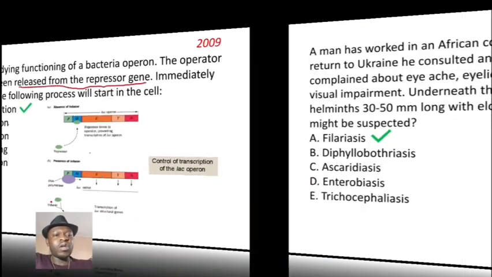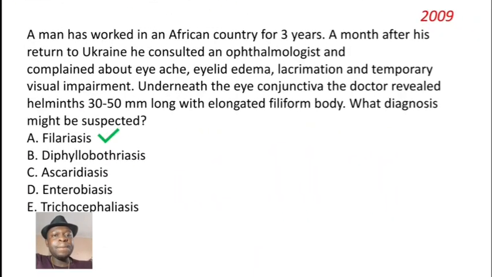Okay, next question. A man has worked in an African country for 3 years. A month after his return to Ukraine, he consulted an ophthalmologist and complained about eye ache and eyelid edema, and also lacrimation and temporary visual impairment.